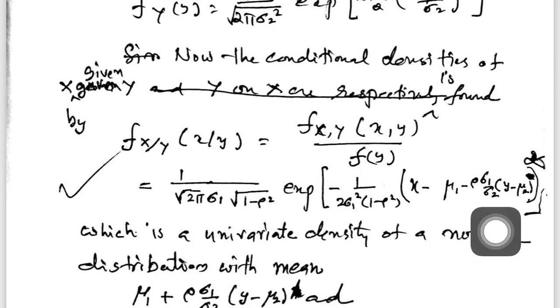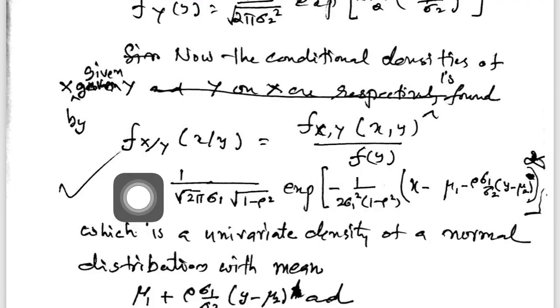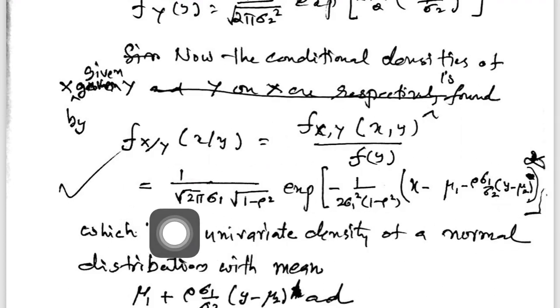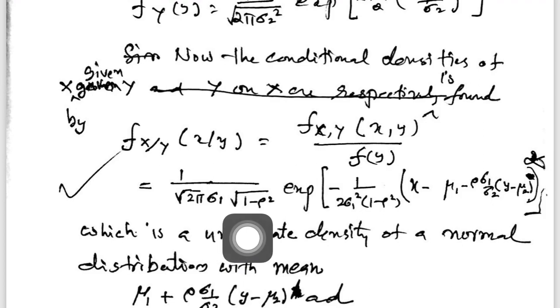And the final result is this, 1 by root 2 pi into sigma 1 root of 1 minus rho square, etc. By seeing this form of density, you can identify the mean and standard deviation of that distribution.